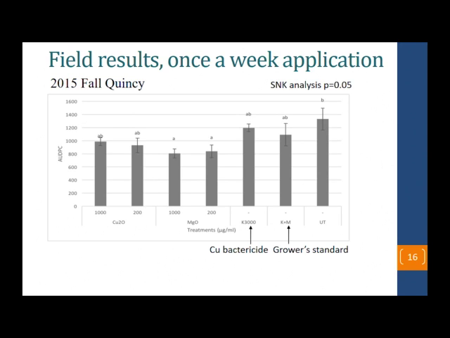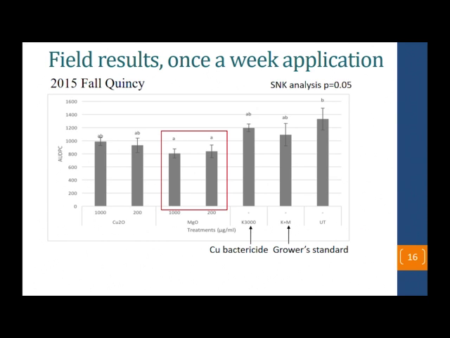The x-axis is 2 concentrations of copper oxide nanoparticles and magnesium oxide nanoparticle, compared with COSI 3000, copper mancozeb, and the untreated, and the y-axis is the AUDPC. You can see here that both concentrations of the magnesium oxide nanoparticles significantly reduce disease severity compared to the untreated, and the grower standard copper mancozeb and COSI 3000 don't significantly reduce disease severity in this field trial.